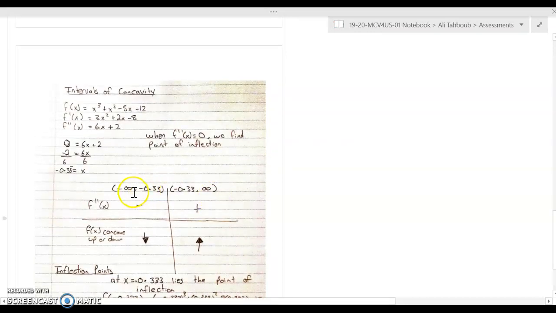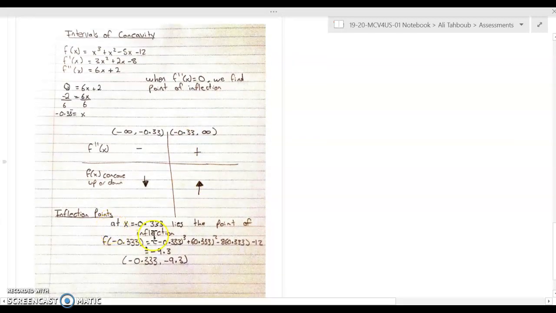And you can basically use any number between -infinity to -0.33, because this is your interval that you're looking for, so you can use any number in between those numbers to plug into f double prime of x. And the same thing with here, you can use any number from negative 0.33 all the way to infinity.